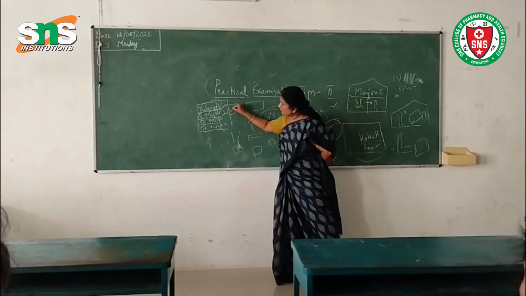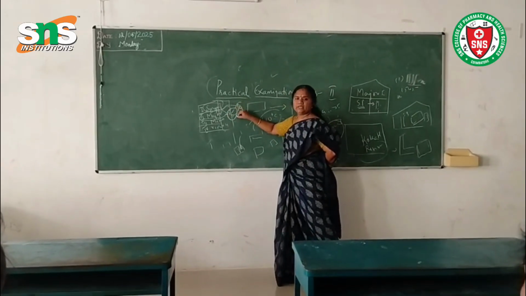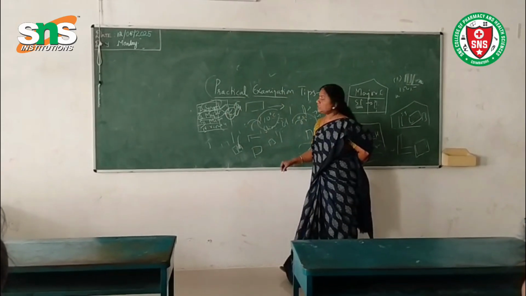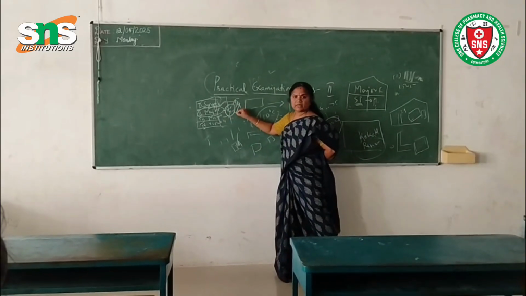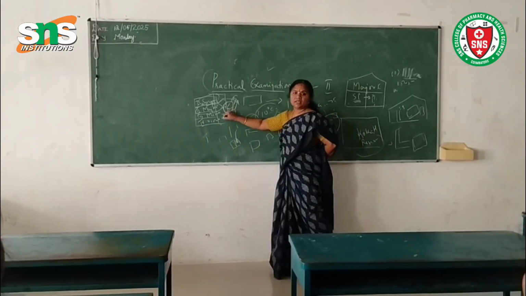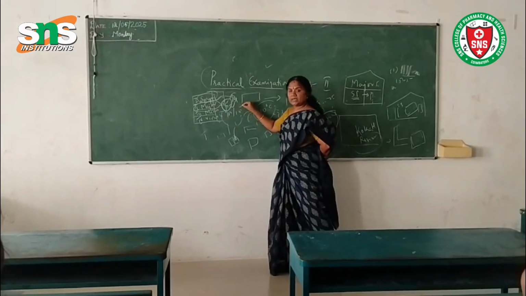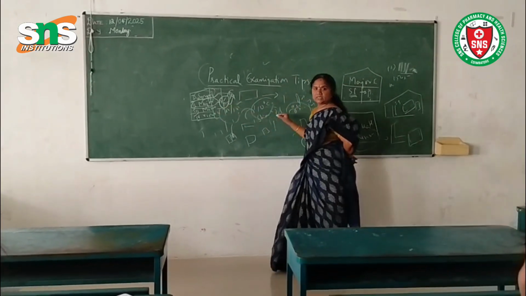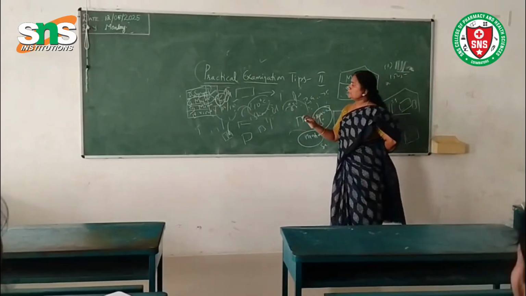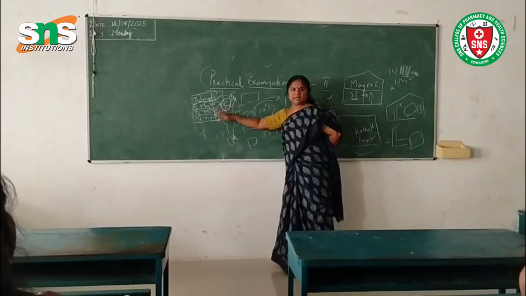So in these 15 marks, the maximum of 14 will be given if everything is correct. And in the minor experiment, if the chemical test and the color match, 10 out of 10 will be given. Are you getting me? This is the way every teacher will evaluate your paper. So once the major experiment is over comes the minor experiment.